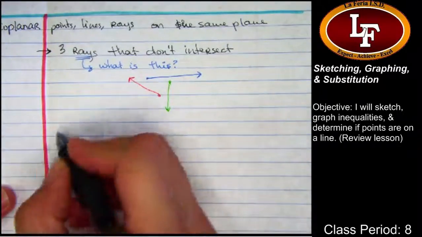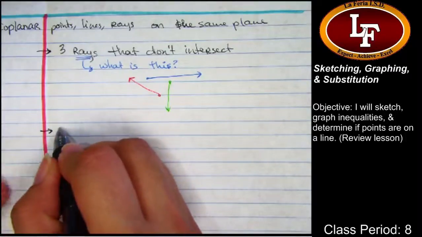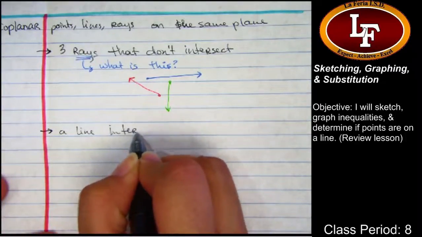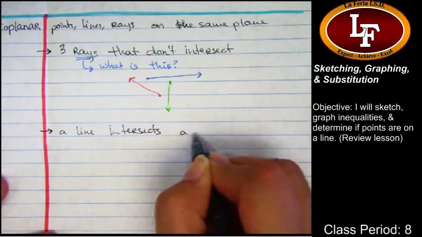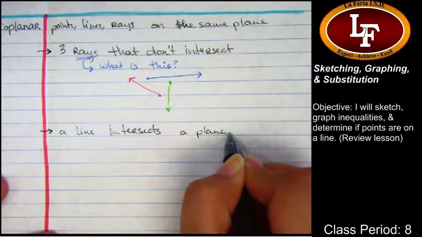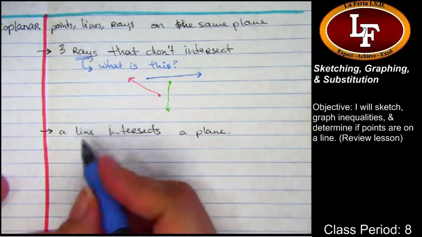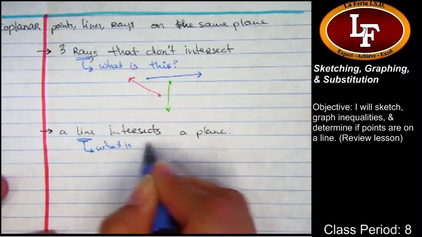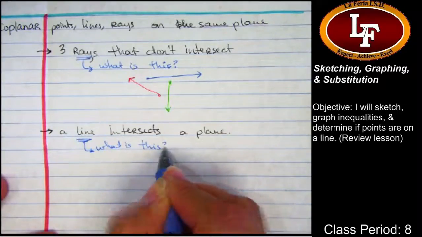The next question was something along the lines of, a line intersects a plane. And so the first question we have to ask ourselves is, what is this? What is a line? What does it look like? How do I draw it?